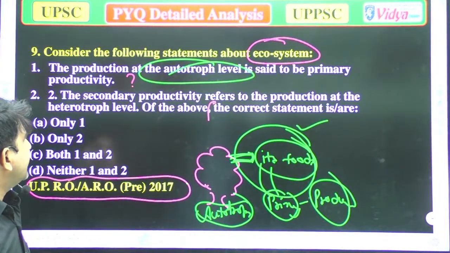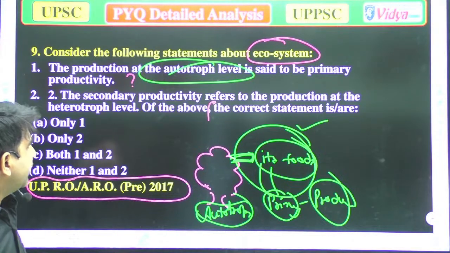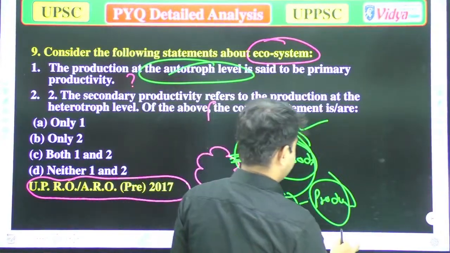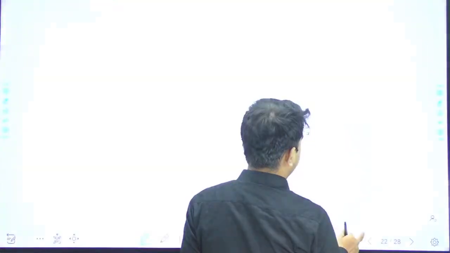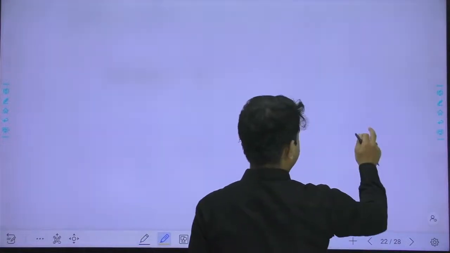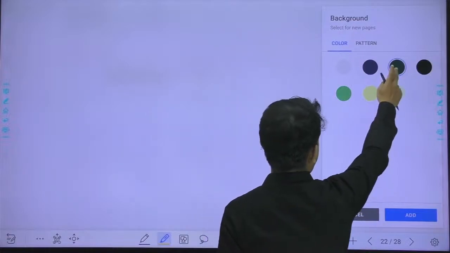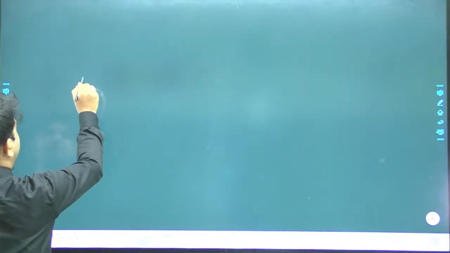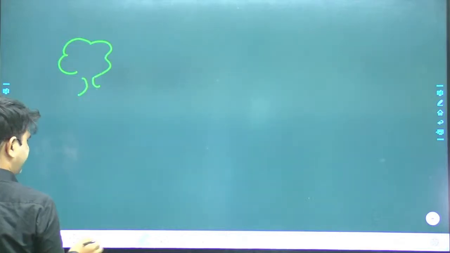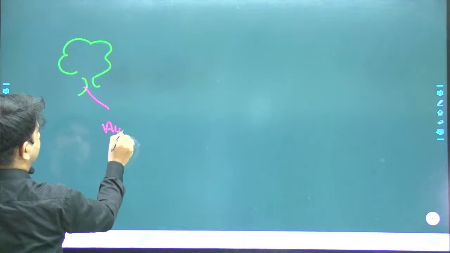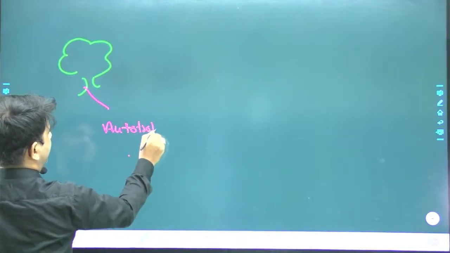Second, the secondary productivity refers to the production at the heterotroph level. I think I should erase this; actually, I will not erase it, I will take a new page. When we talk about autotrophs and heterotrophs, suppose it's a plant, and plants are mainly autotrophs.